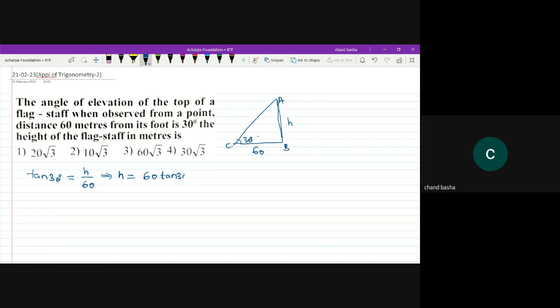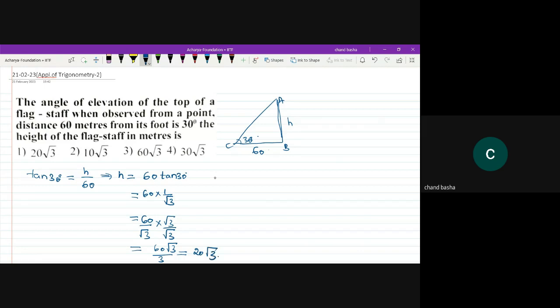You know the value of tan 30: 1 divided by root 3. As I said, whenever we have root 3 in the denominator, you can multiply and divide by root 3 over root 3. Root 3 into root 3 in the denominator becomes root 3 whole square, that is 3. It is 3 twenties, so 20 root 3 is the required answer.